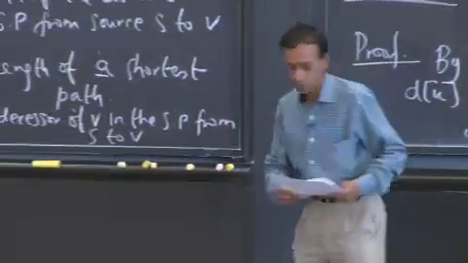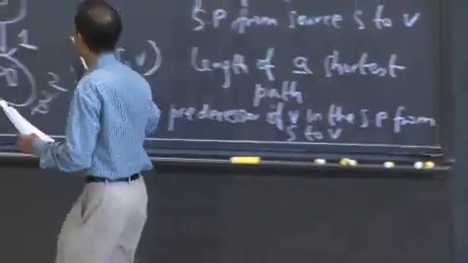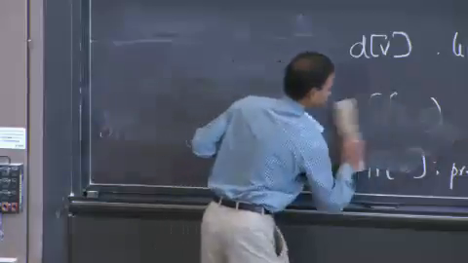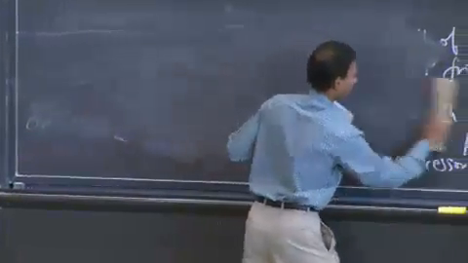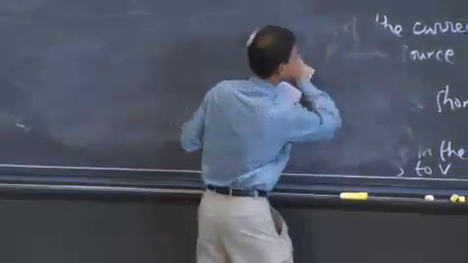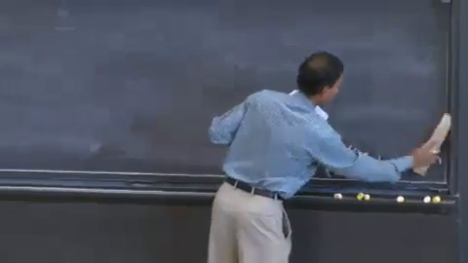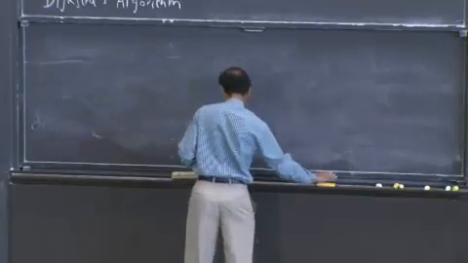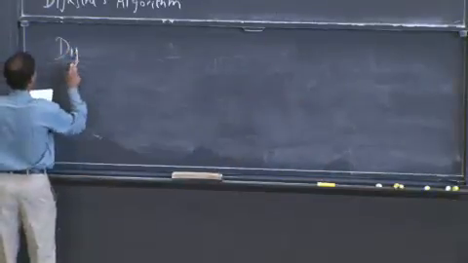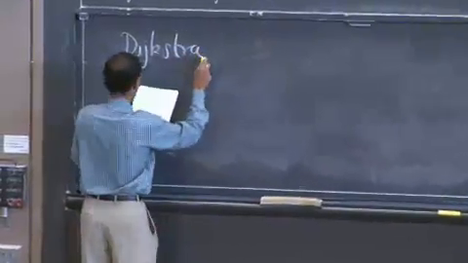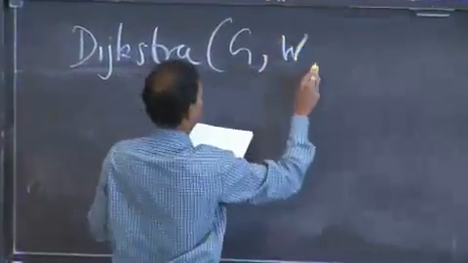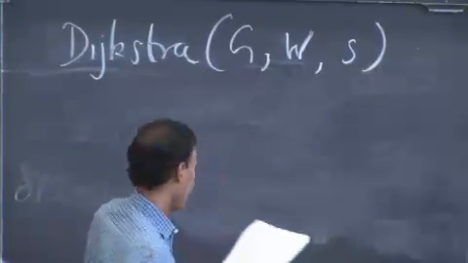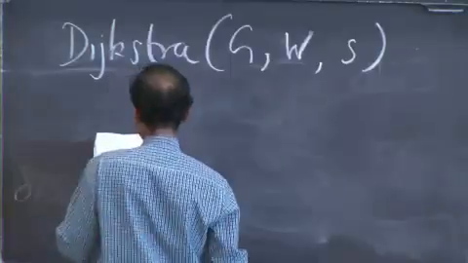So let's take a look at the pseudocode for Dijkstra. G is your graph, W are the weights, small s is the starting vertex.